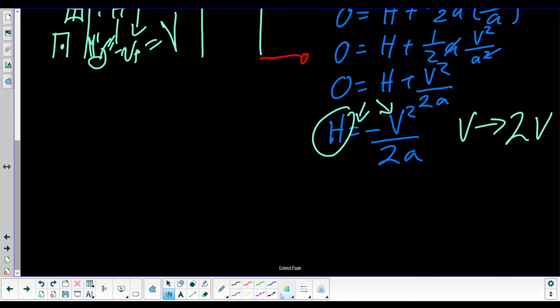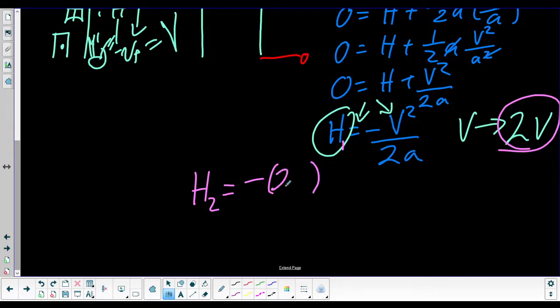So we could call this height 1, and then we'll plug this in, and we'll call that new height 2, shall we? So height 2 equals, bear with me here, negative, where the v is, we're going to put parentheses and replace it with 2v, squared over 2a.